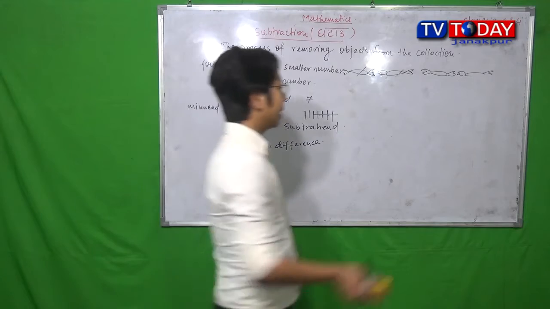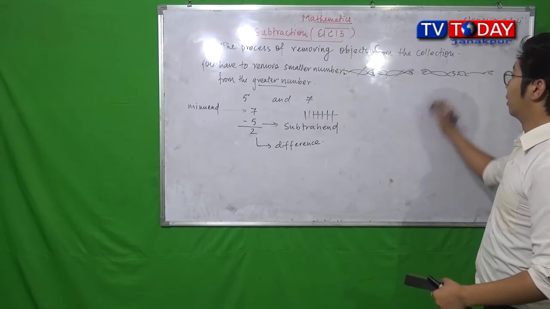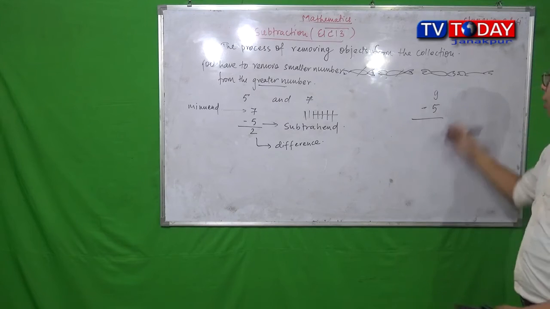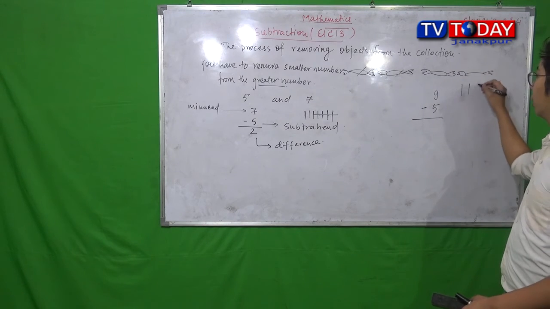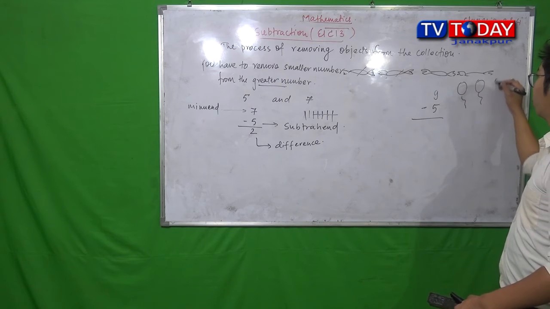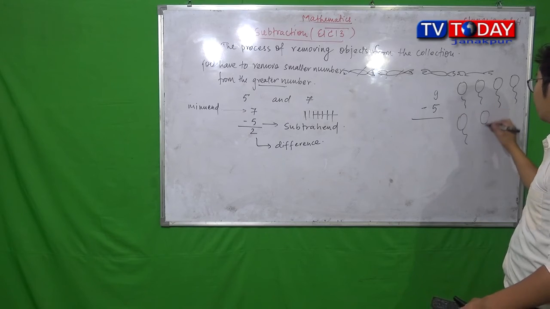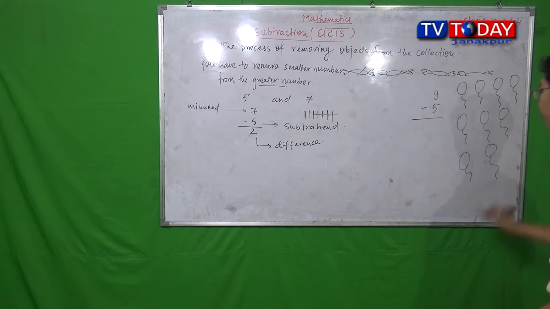I will give you another example like 9 minus 5. Suppose you have 9 balloons. 1, 2, 3, 4, 5, 6, 7, 8, 9 balloons.